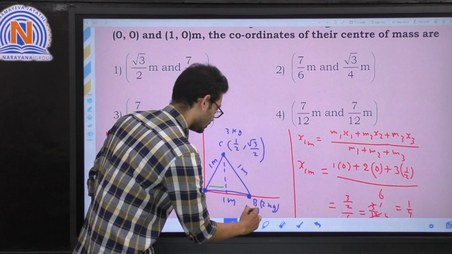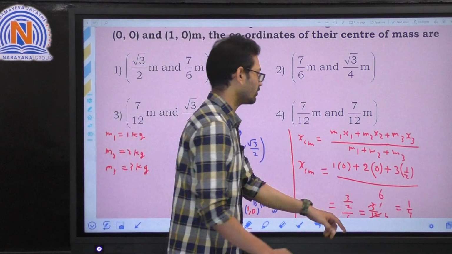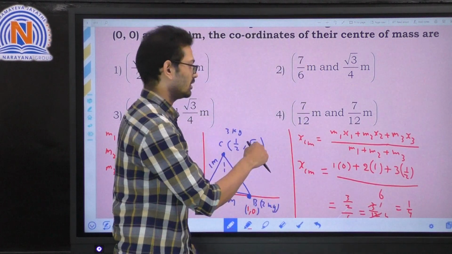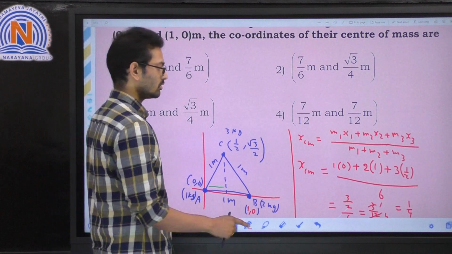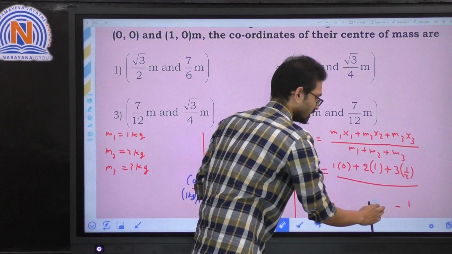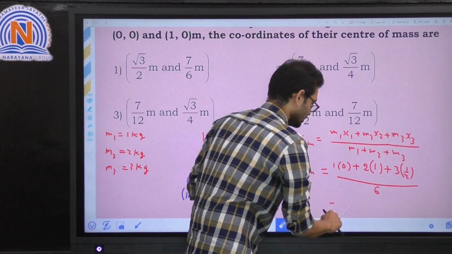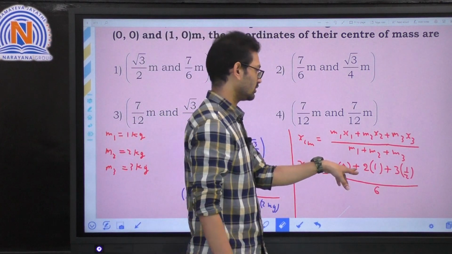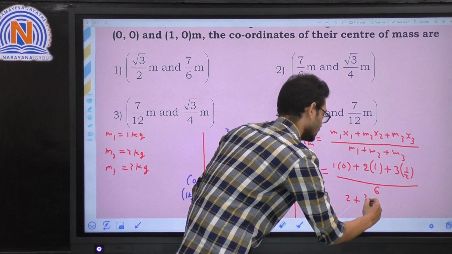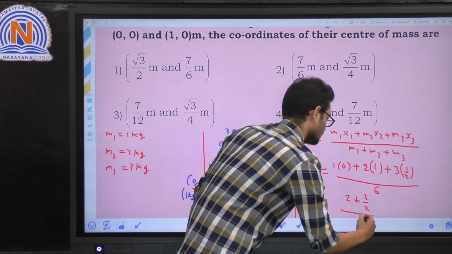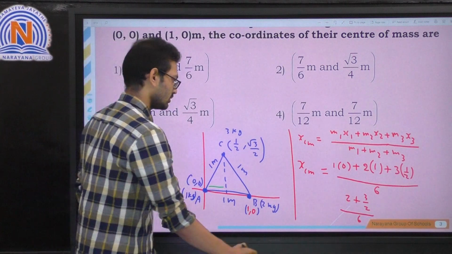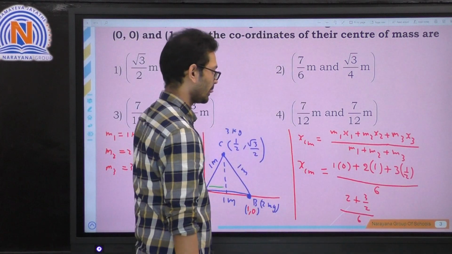So here you will be having 1, and here you will be having 3 into 1/2. So you will be having a small disturbance over here. Let me write it over here clearly. This is by 6, and what happens is 2 plus 3/2 by 6.